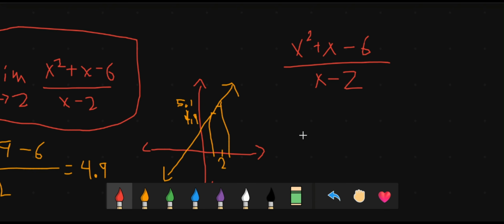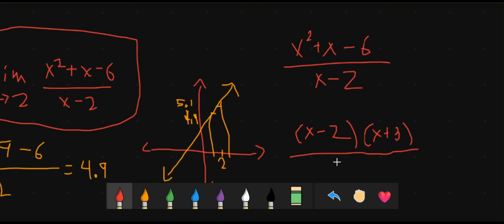So let's just see. I'll try and show you an example, but let's start with factoring out this top quadratic right over here. If you just see what adds up to be 1 and multiplies up to be -6, you will get x minus 2 and x plus 3. And if you multiply this out, they will turn out to be x squared plus x minus 6.